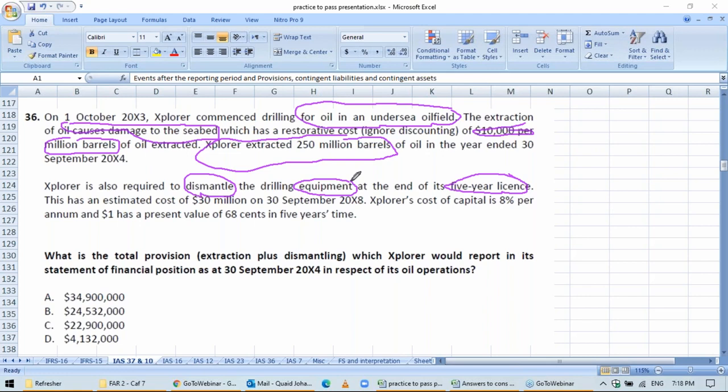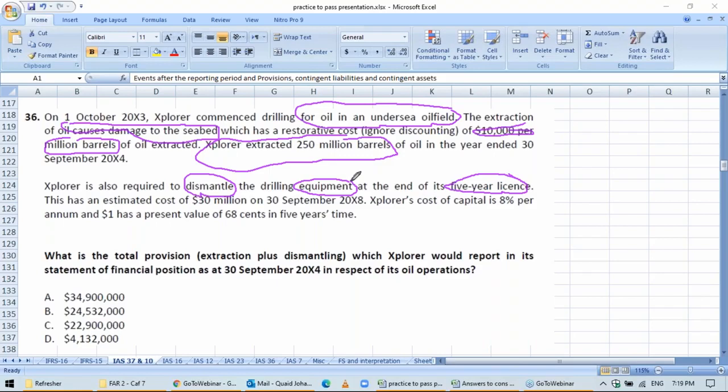So the equipment should have been installed on 1st of October 2003. So they have committed two liabilities. One liability for dismantling, and the second for restoring the seabeds, right? So this is what is important. Now, remember one more thing: the payments will take place in future, in 5 years' time or after 1 year's time.